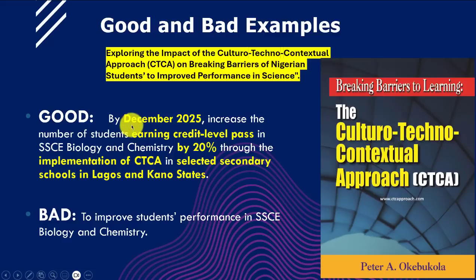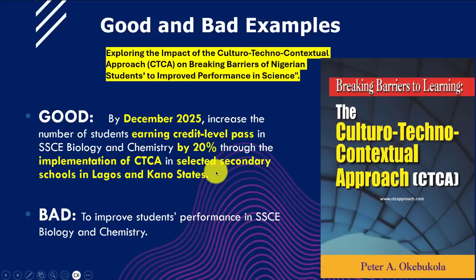A good one would be: by December 2025, you can see it's now time-bound, increase the number of students earning credit level pass in SSC biology and chemistry by 20%. I'm putting something that you can measure, through the implementation of CTC in selected secondary schools in Lagos and Kano State. So fantastic. Hey, I'm praising myself.